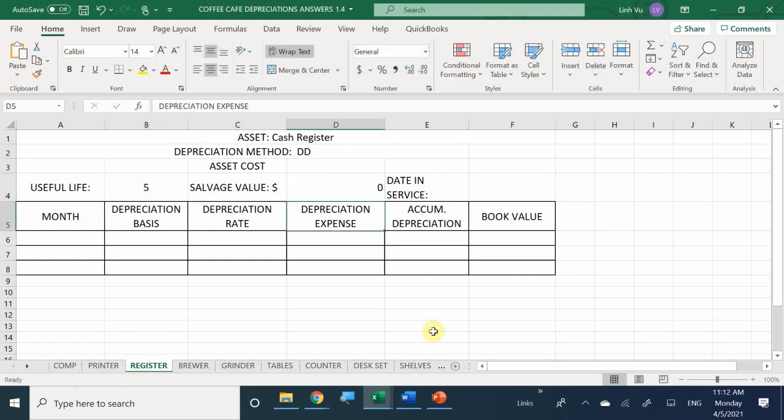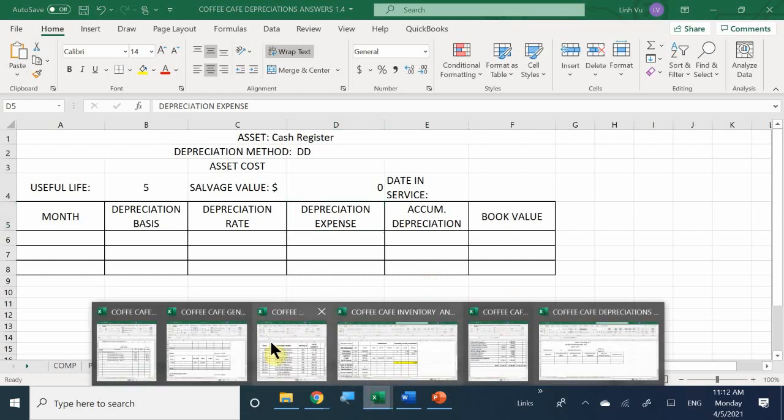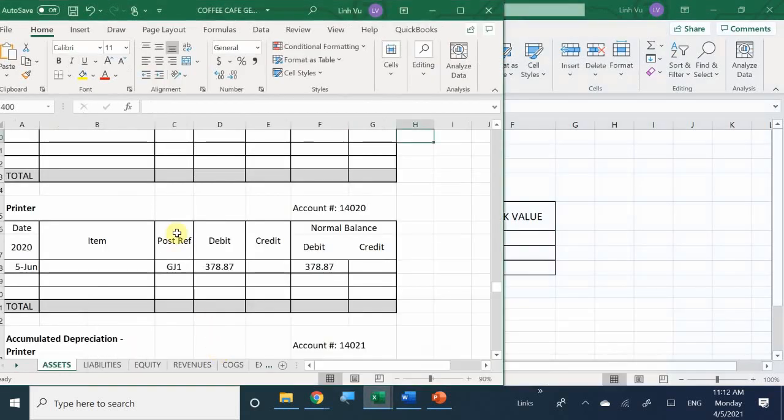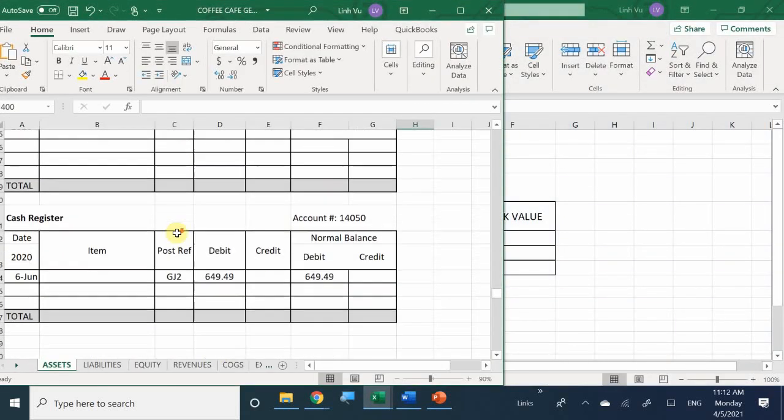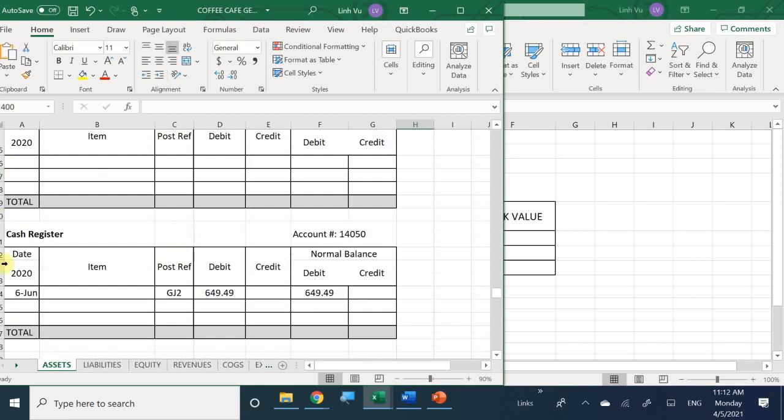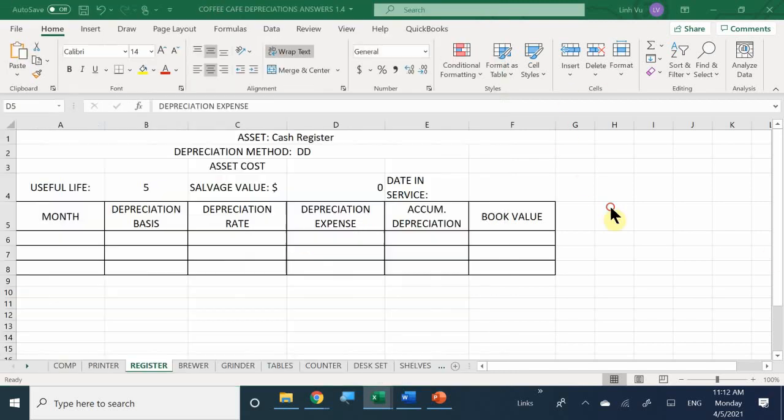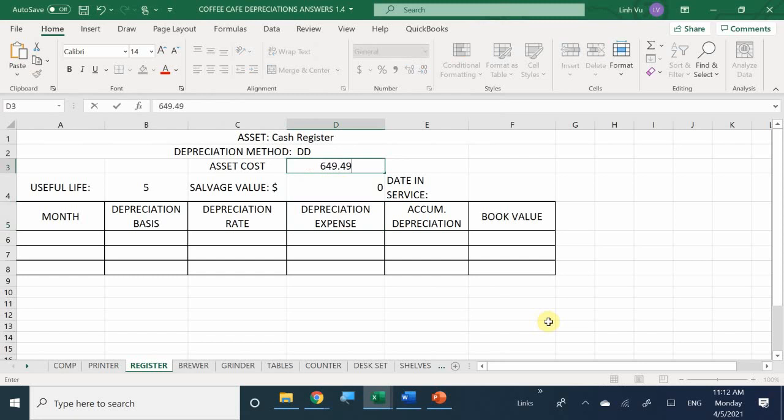So let's go ahead and see how much my cash register is worth. Here we are, cash register. We bought it a day later. And how much was my cash register? 64949. And we bought it on June 6th.